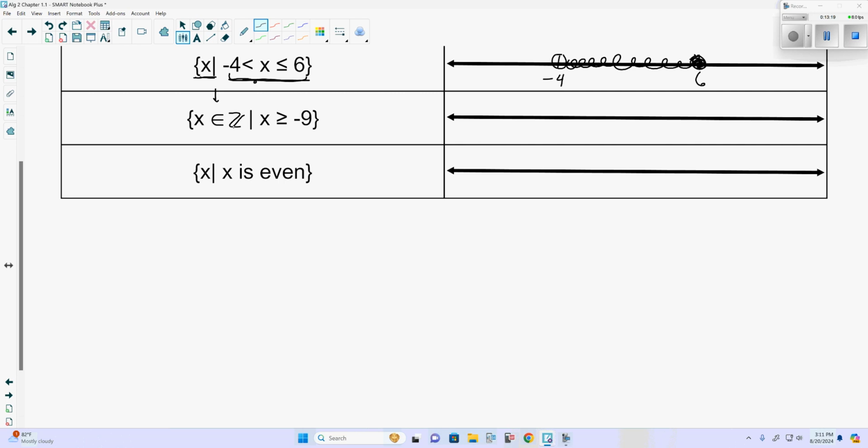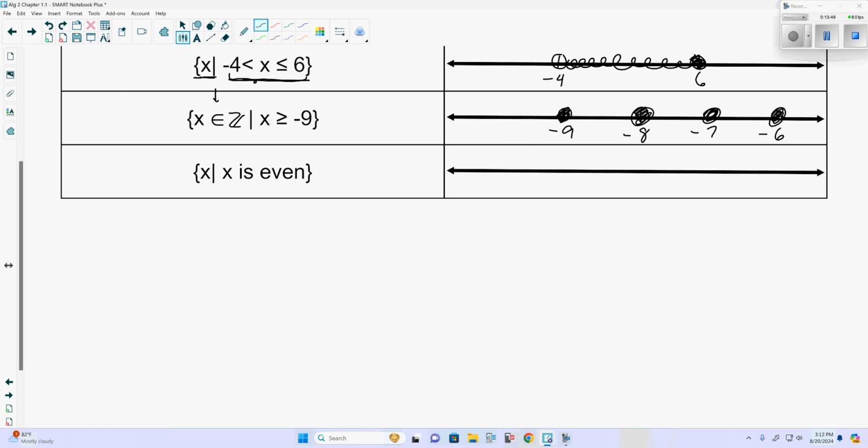We can graph it, but it's not the nicest one to graph because we would have -9. We'd put a circle and fill it in. But unfortunately, everything between -9 and -8 is not an integer. That'd be part of the rational and irrational numbers. So we'd have to leave it blank. So then we would go to -8, make a circle and fill it in. And we'd have -7 with a circle and fill it in. And we'd have to keep going like this here.